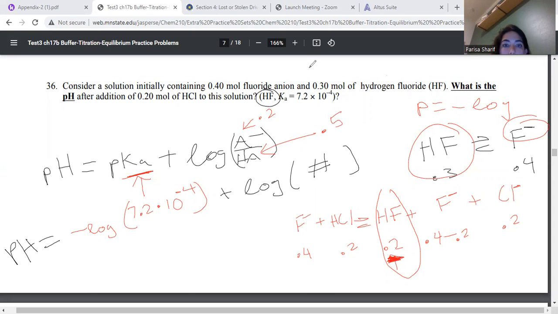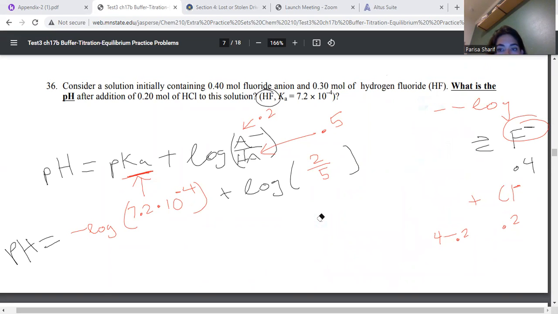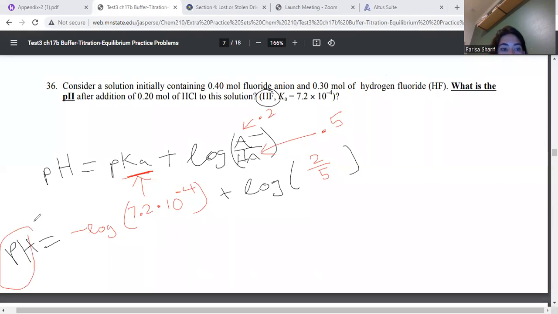So now you can just plug this into a calculator. And unfortunately, I do not have a very good calculator right now on me to solve for this, but you guys can solve for it yourself, and I can tell you that this pH is not going to be too far off from the pKa here, okay?